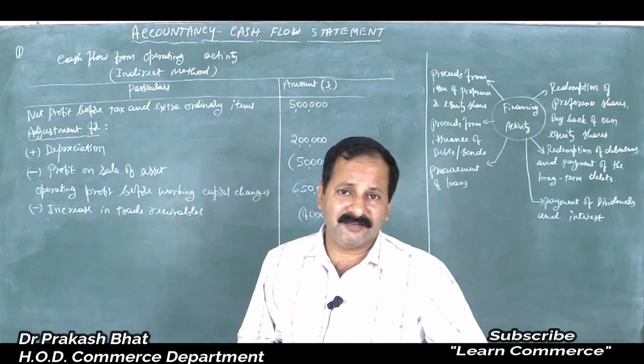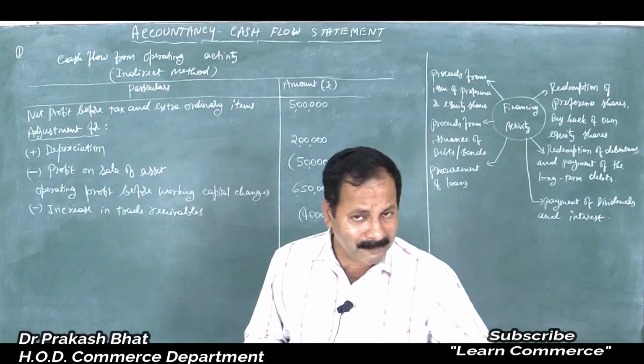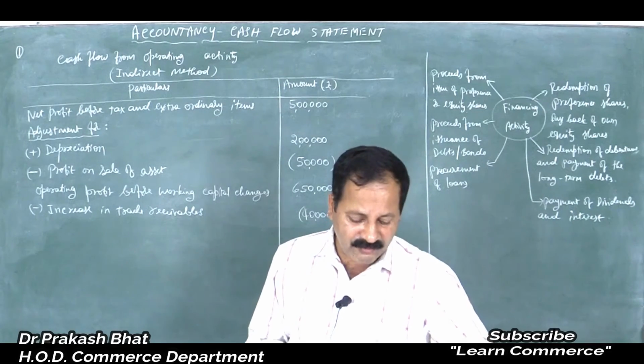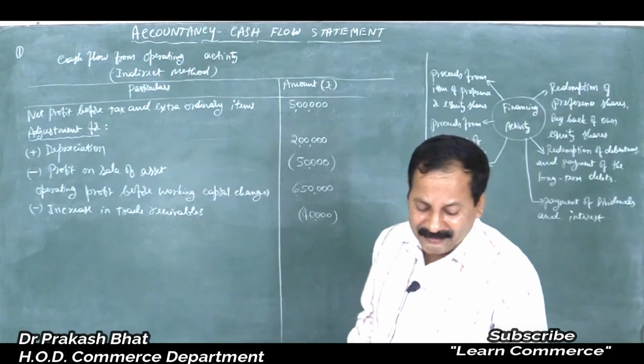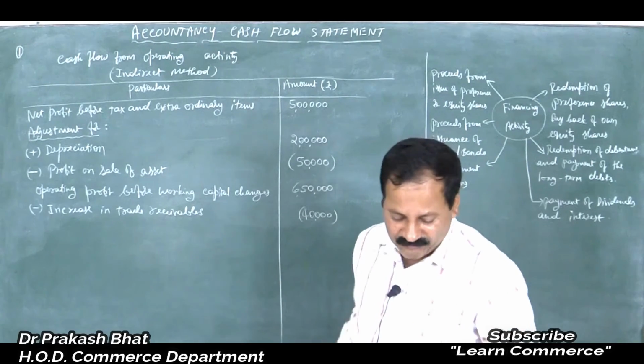Am I correct? So normally what we used to do? Minus. Liability increase means it is a loss, minus. But here we have to add it, because we are doing this calculation. Correct.